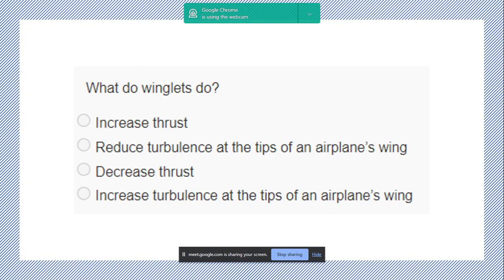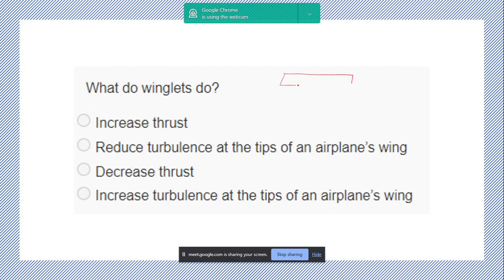Yes. Induced drag. Okay, so from the options given here, you're right, it reduces the induced drag. Induced drag happens due to? Yes, exactly.